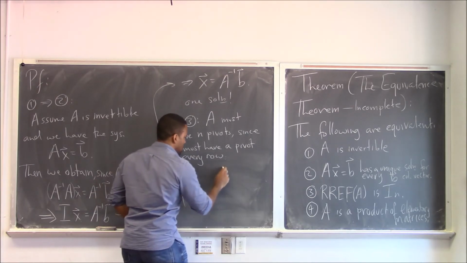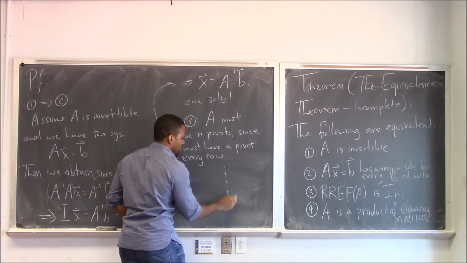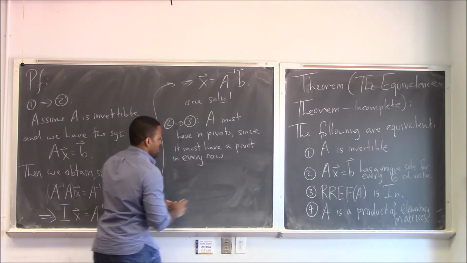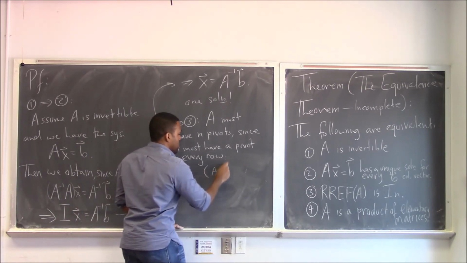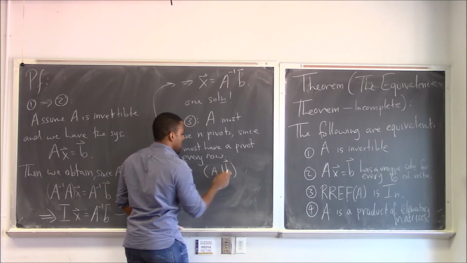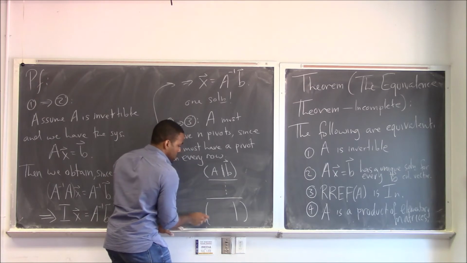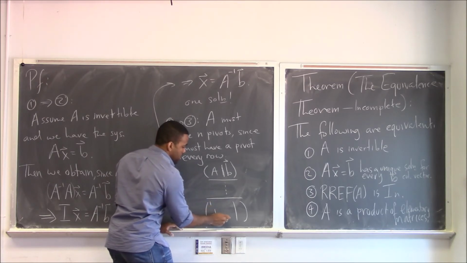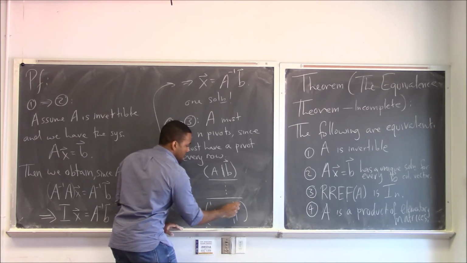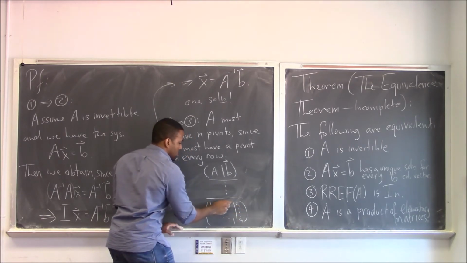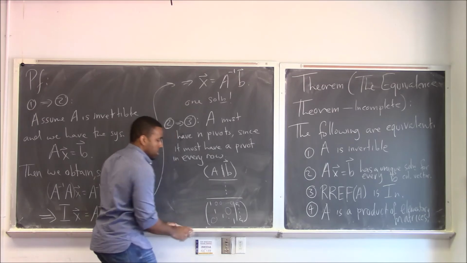So in other words, I'm saying that if you augment these matrices A and B, and you reduce it, there should be a point where there's a 1 in every row that will match up to these guys here. Right?